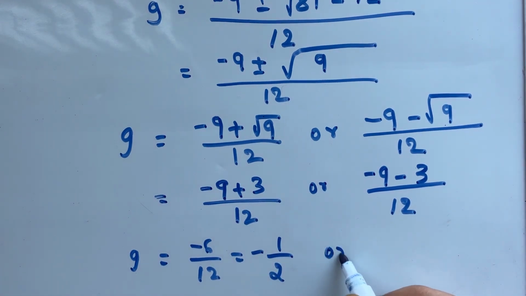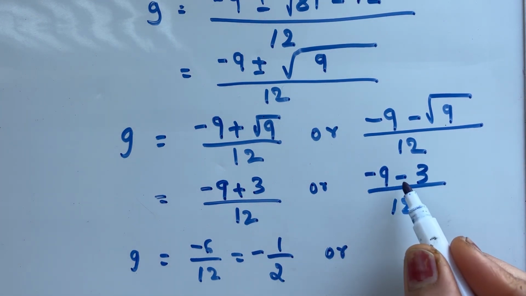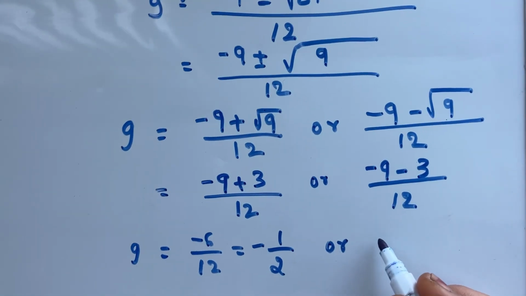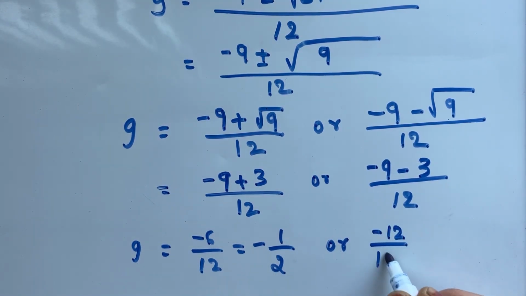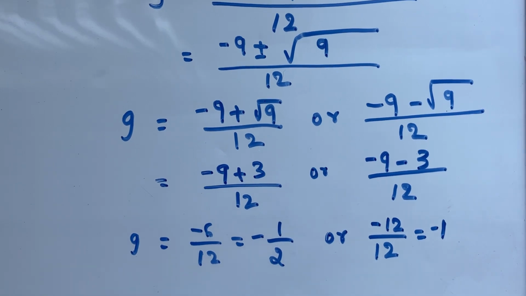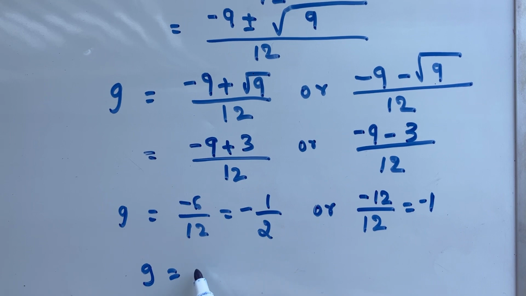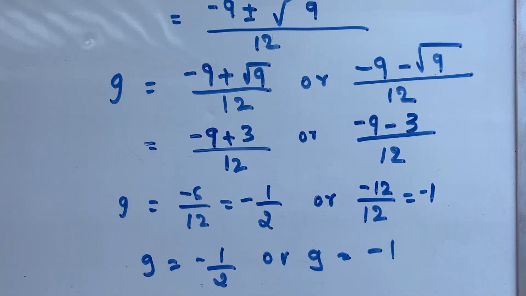Or negative 9 minus 3 is nothing but negative 12 divided by 12, which is nothing but negative 1. So what is our g? g is equal to negative half, or g is equal to negative 1.